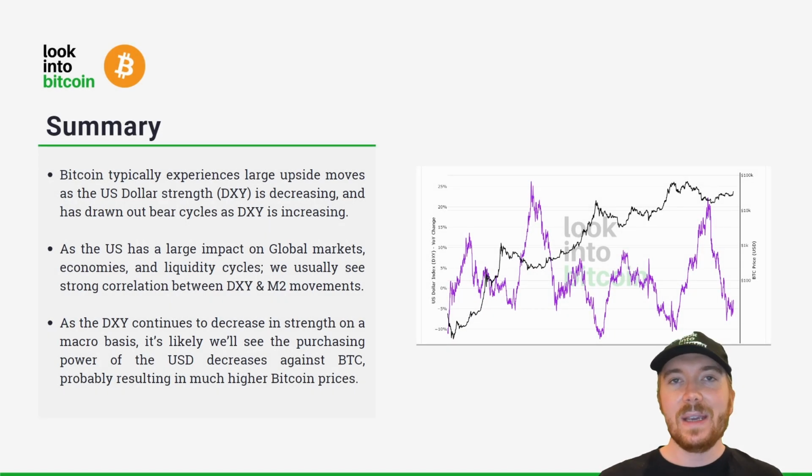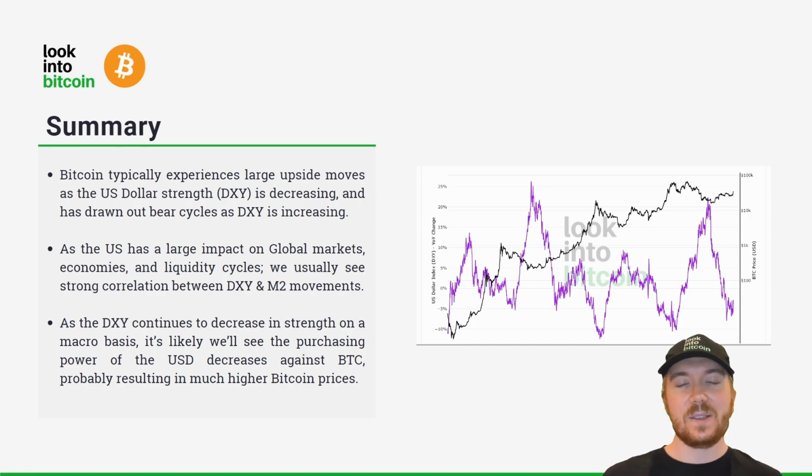So just to summarize, Bitcoin typically experiences large upside moves as the US dollar strength index, or the DXY, is decreasing, like we're seeing now, and has drawn out bear cycles as the DXY is increasing just after the Bitcoin price action has peaked. As the US has a very large impact on global markets, economies, and liquidity cycles, we usually see a strong correlation between the DXY and the M2 movements, both of the US M2 money supply and the global M2 money supply.